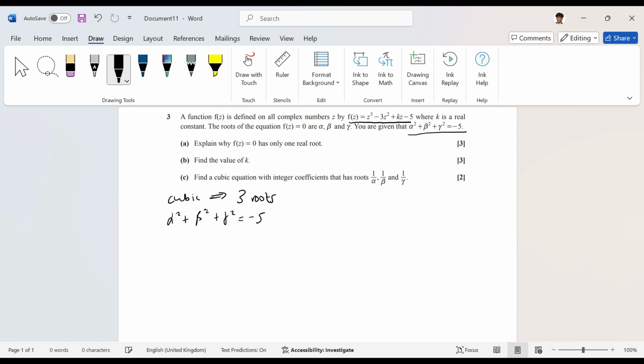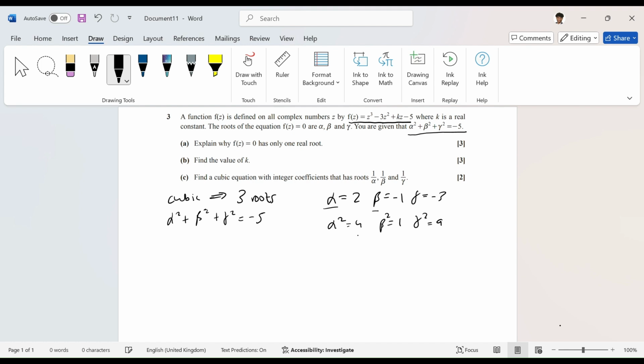Now, I would like you to think, if I had 3 random roots, say, and they're all real, so we had alpha equals 2, beta equals minus 1, and gamma equals negative 3, for example. If you were to square alpha, it would give you 4. If you were to square beta, it would give you 1. So alpha squared equals 4, beta squared equals 1, and gamma squared is equal to 9.